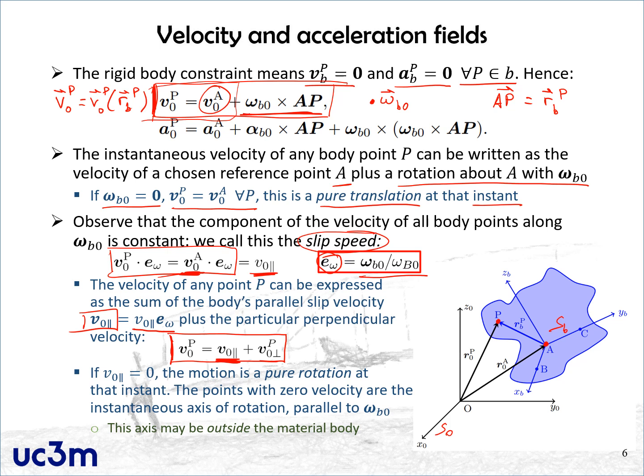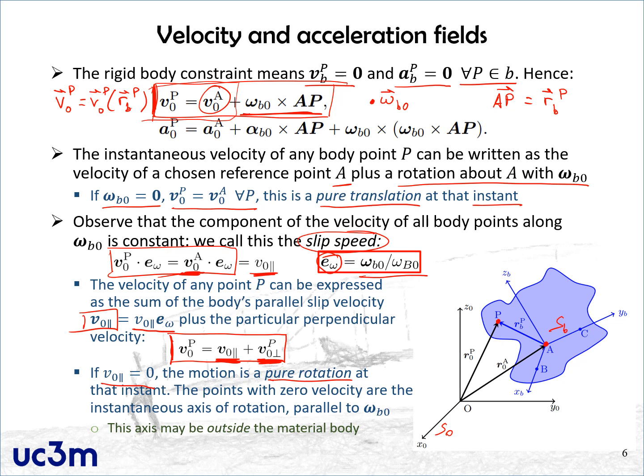At that instant, they all share the same parallel velocity. The only part of the velocity that depends on the actual point P that we have selected is the other term, the term that is perpendicular to the angular velocity vector. In the particular case where the slip speed is equal to 0, we call the motion a pure rotation at that instant with respect to S0.